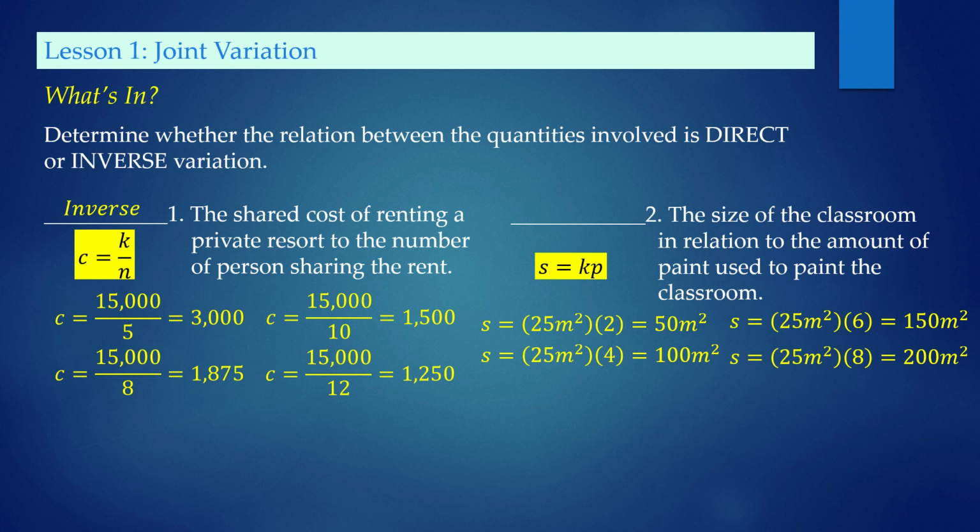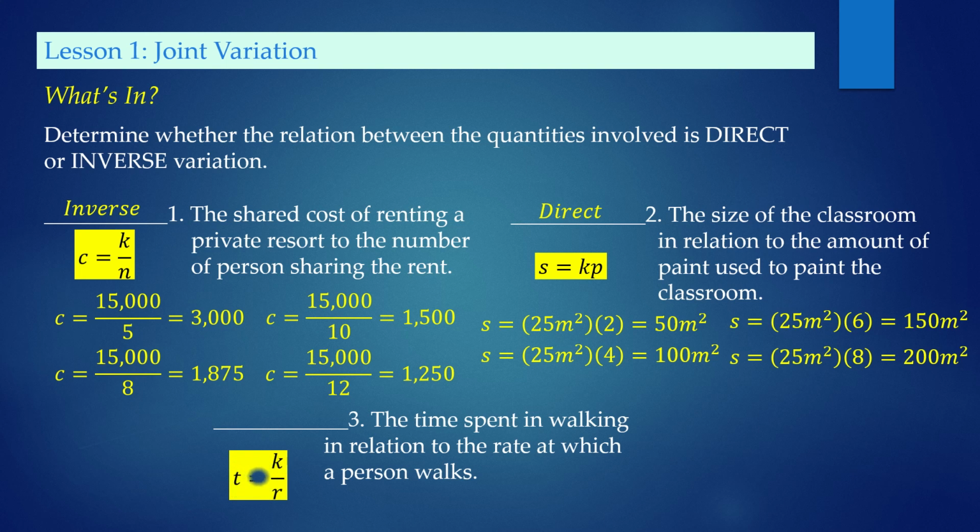So two condo unit rooms are equivalent to one classroom. So S is equal to K times P. P stands for the amount of paint used. So how many gallons. So this is a good example of a direct variation.